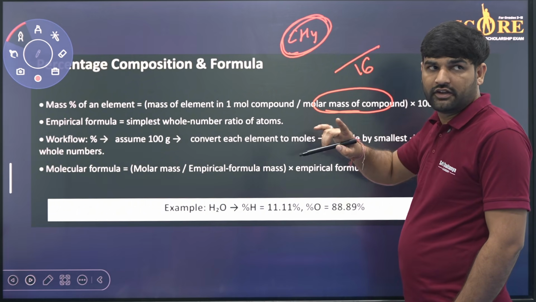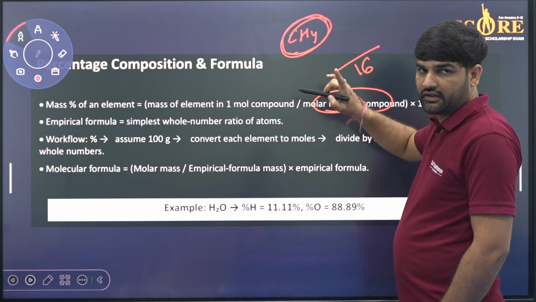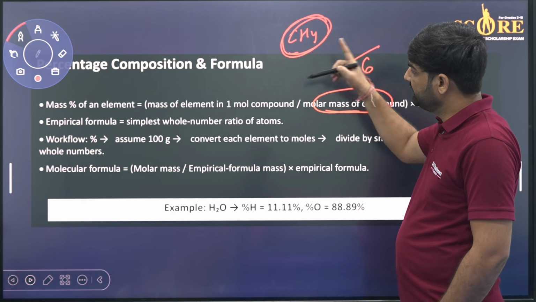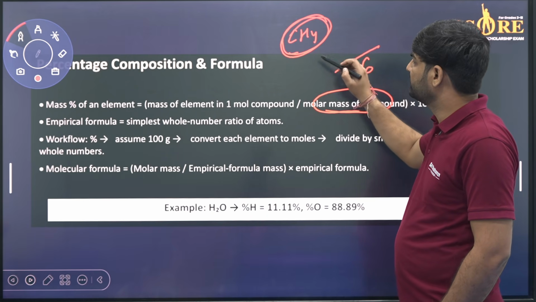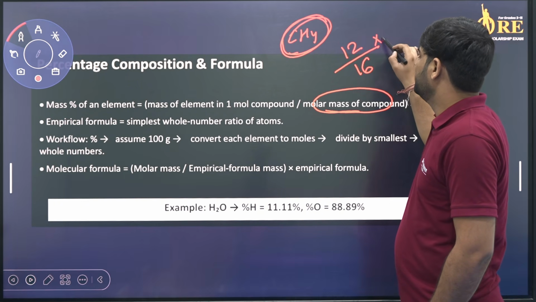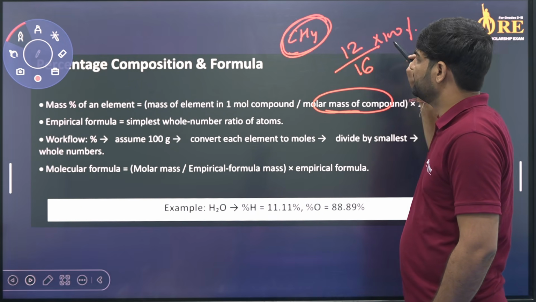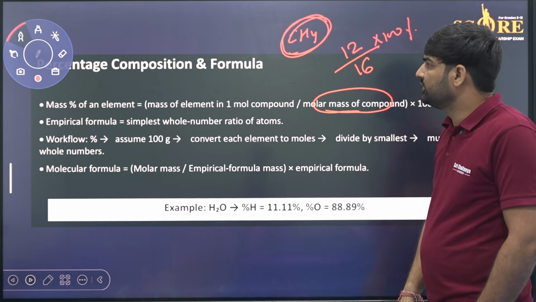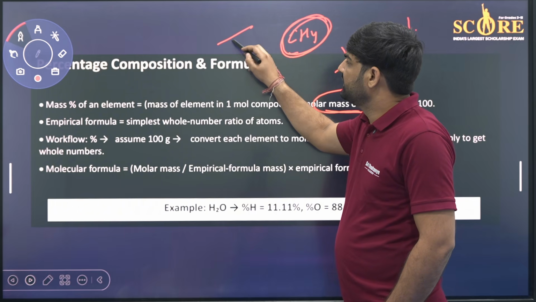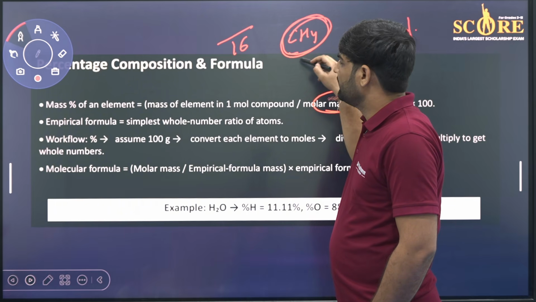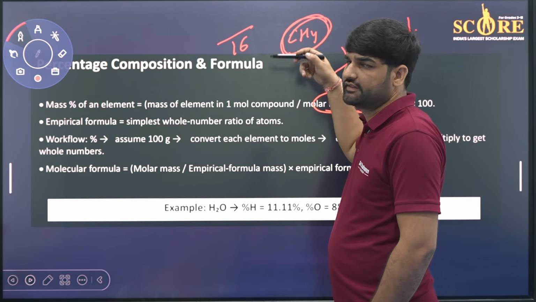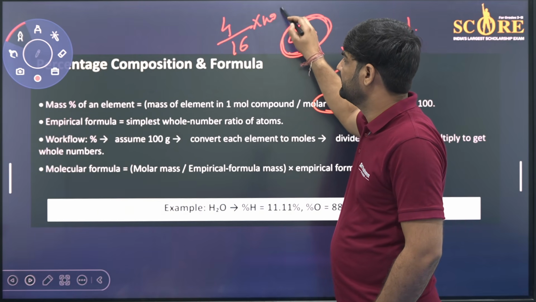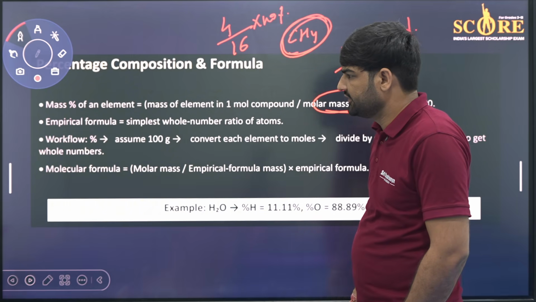I have taken 1 mole CH4, mass of this is 16, and in this 1 mole CH4 mass of carbon is 12 gram, multiply by 100, this is mass percentage. And if you want to calculate for hydrogen, then you have to write 16 is the mass of 1 mole CH4, and mass of hydrogen in that is 4 multiplied by 100, so this is mass percentage.